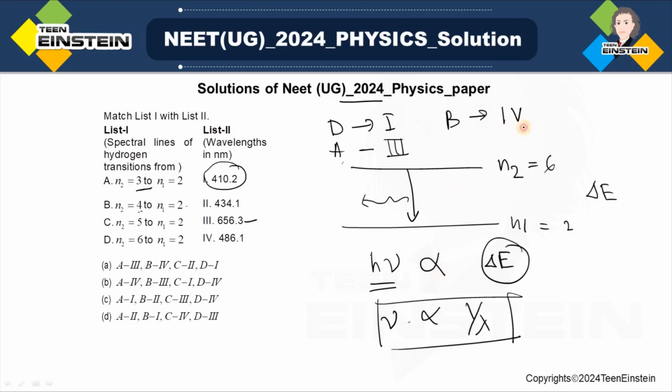Then the second highest gap is with this transition, n2 is equal to 5 to n1 is equal to 2. So C will be matching with 2. Let us check the options here: A3, B4, C2 and D1. So option number A will be the correct answer for this question.